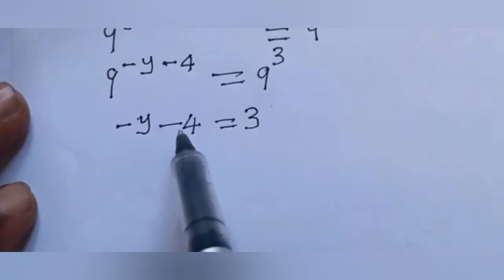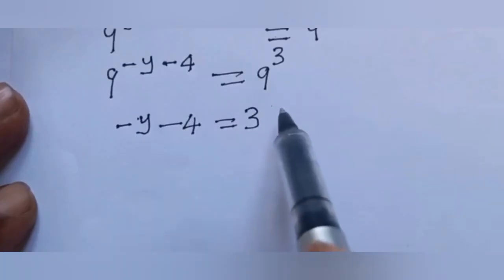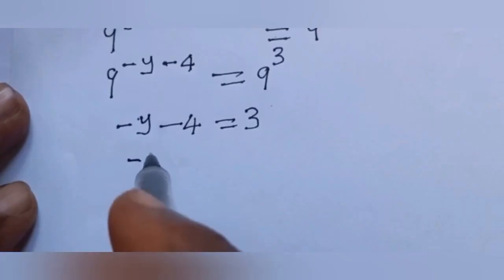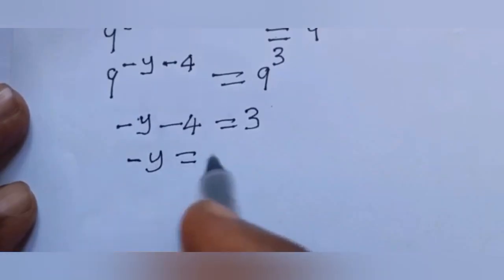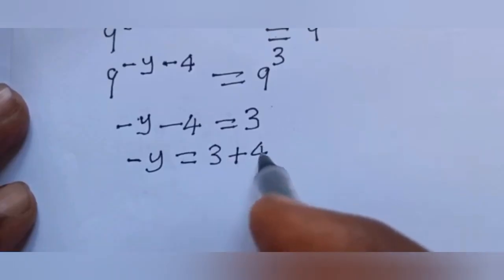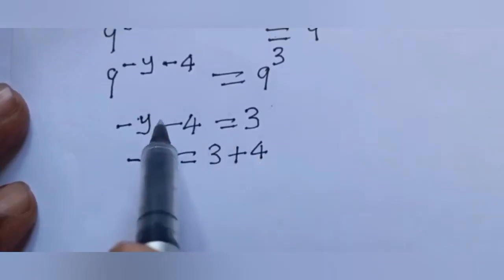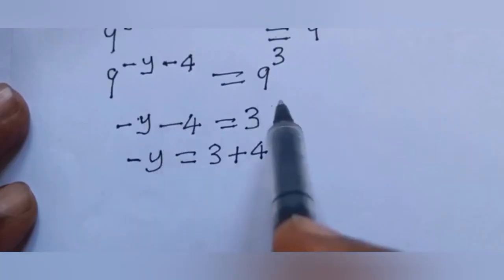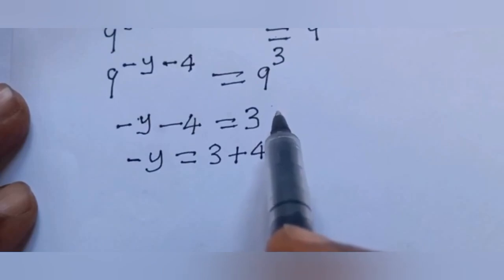Then shift this negative 4 to the right hand side. We get negative y equals 3 plus 4. It is plus because on this side it has a negative sign. Once it shifts to the other side, it acquires the positive sign.